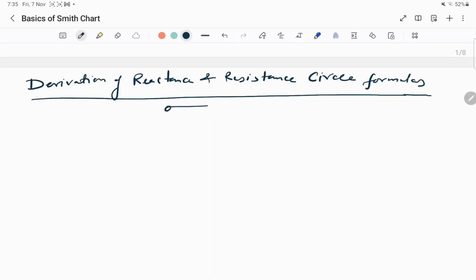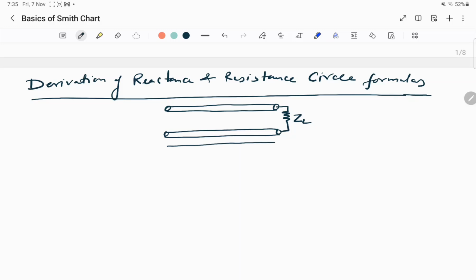We all know that in a transmission line, we attach a load impedance ZL, and the length of the transmission line, let us call it small l.